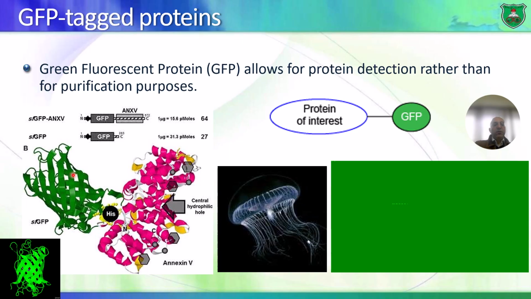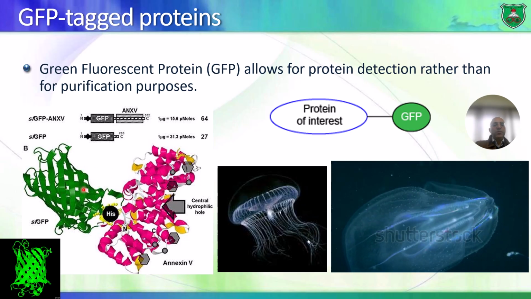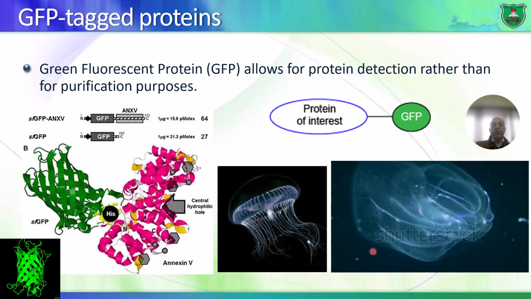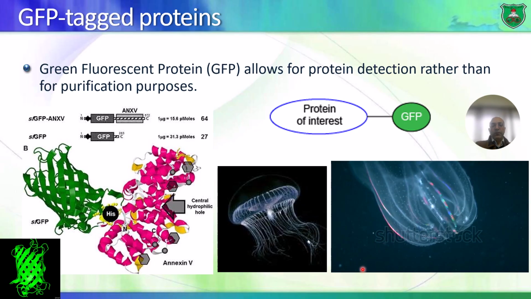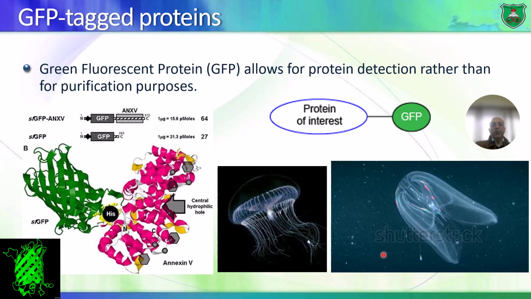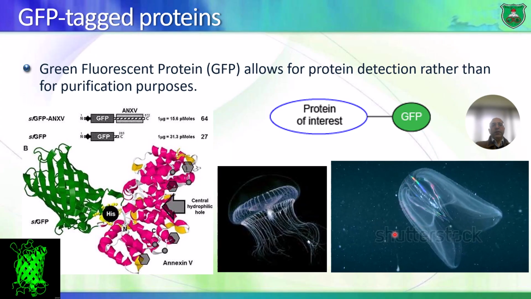It contains the green fluorescent protein, and it contains the protein of interest. Now, this protein right here would fluoresce because the green fluorescent protein fluoresces as well. Okay, so let me try to play this.